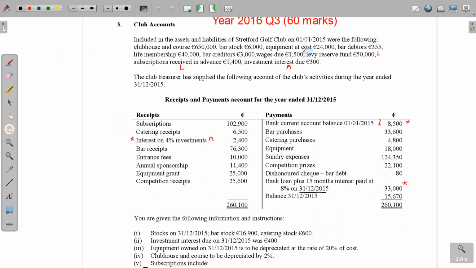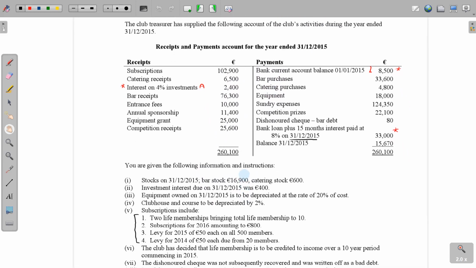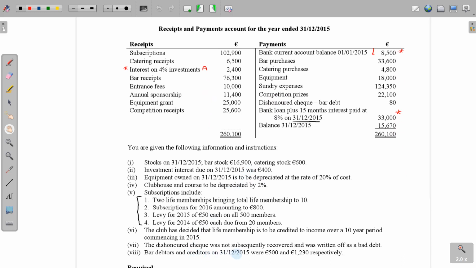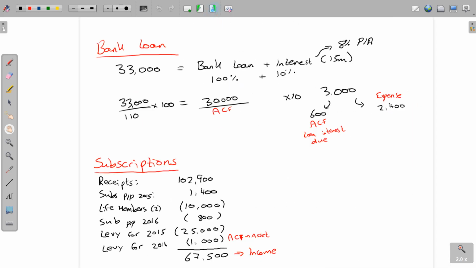However, there was bar debtors of €355. What that means is that of the 76,300, 355 was not for this year. And if we scroll down, we have bar debtors for this year that haven't paid of 500. So you'll have to add the 500 and take away the 355.